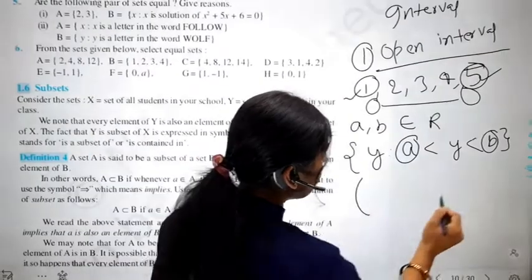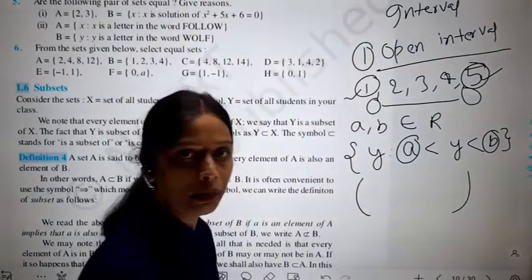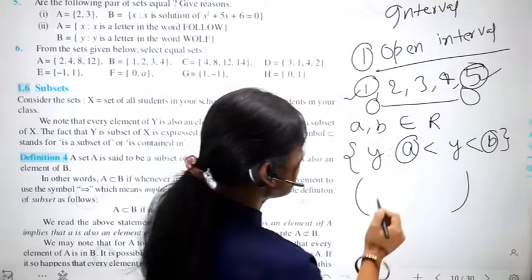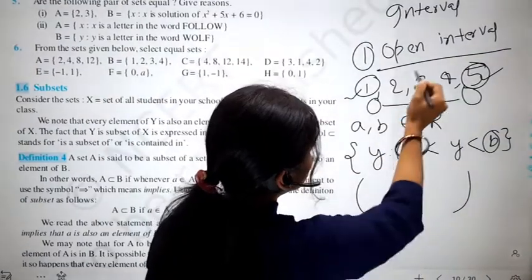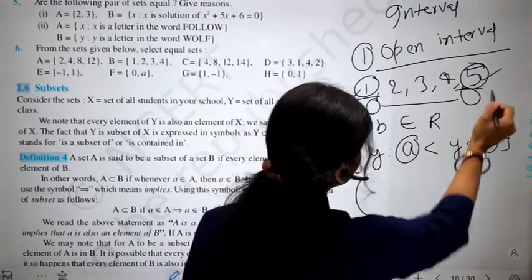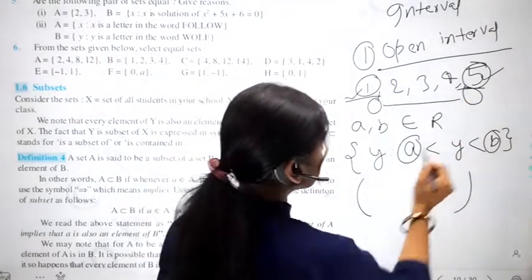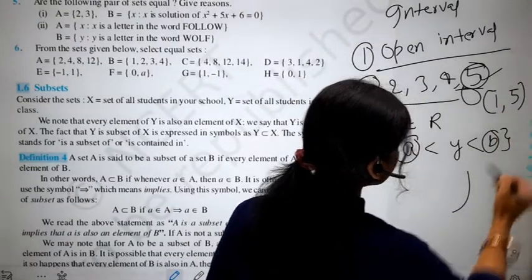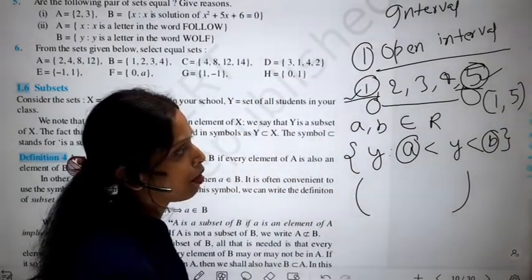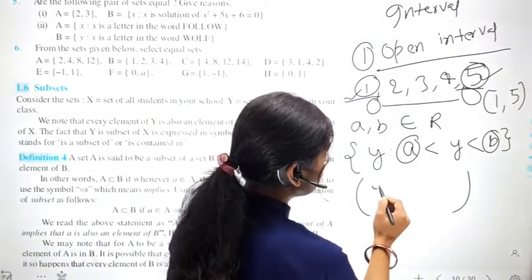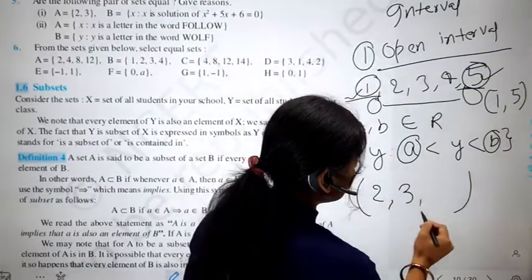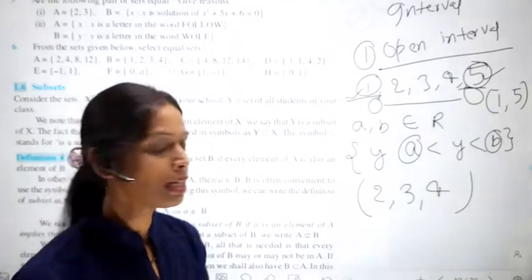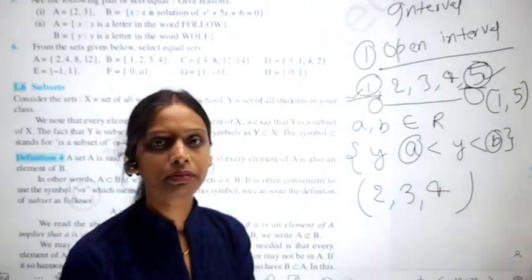We denote the open interval with a small bracket, and between 1 and 5, 2, 3, 4 will be the elements included here.